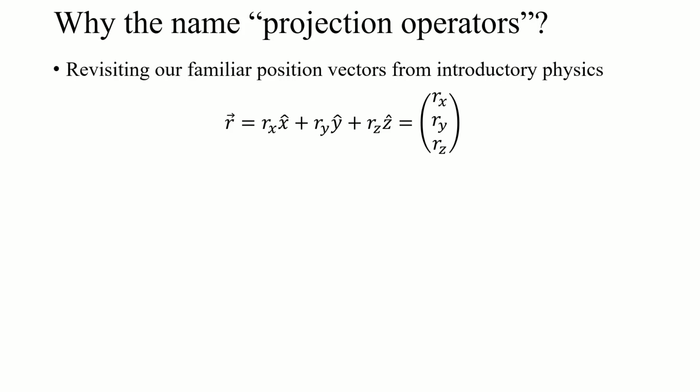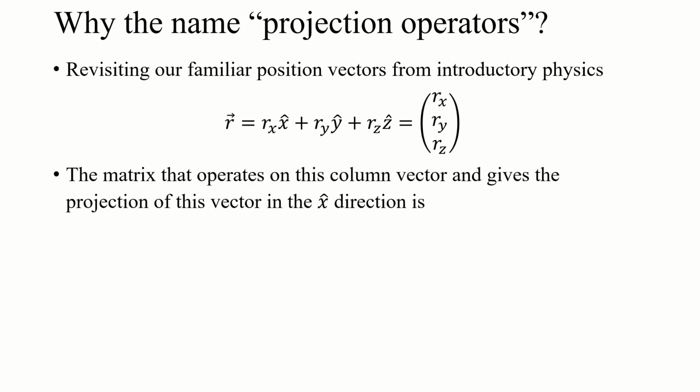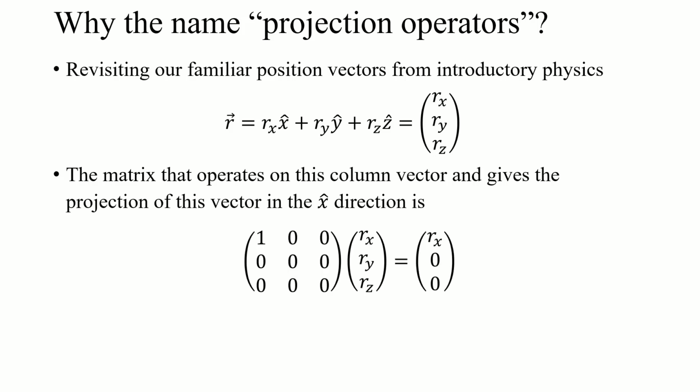Now, if we were trying to imagine what operator we would act on that column vector to give us the projection of that vector in one of those directions, or basically how we find the magnitude of one of the components, we would simply take a matrix like this, and that would project our position column vector onto the x direction, and we would get a vector with that magnitude in the x direction.